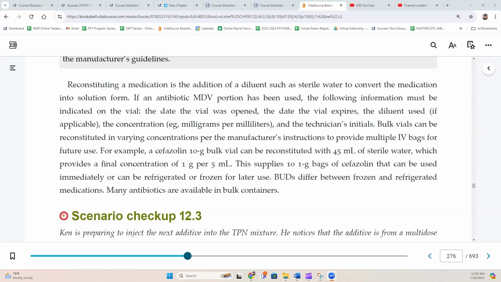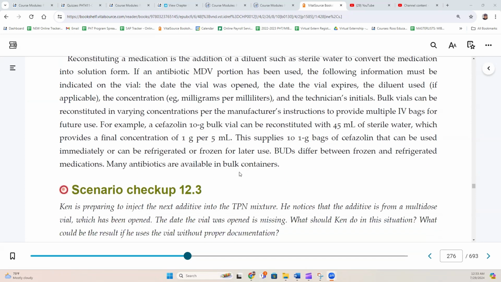This supplies 10 1-gram bags of cefazolin that can be used immediately or can be refrigerated or frozen for later use. BUDs differ between frozen and refrigerated medications. Many antibiotics are available in bulk containers.